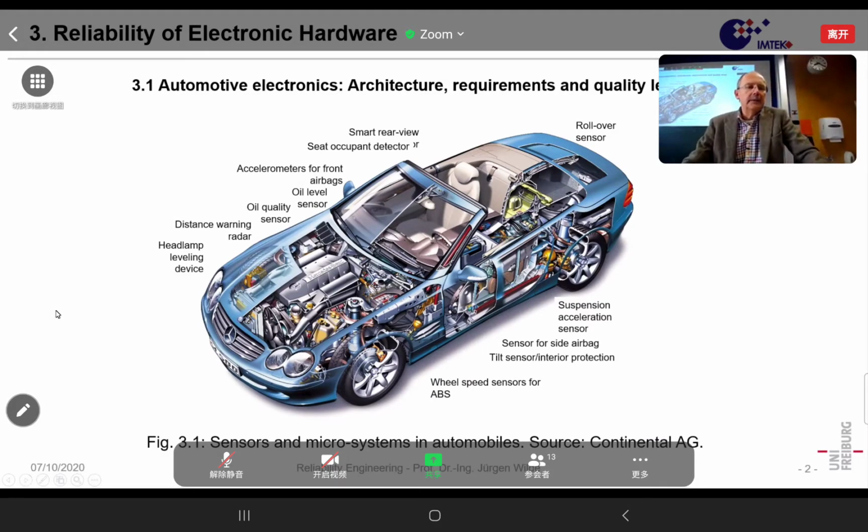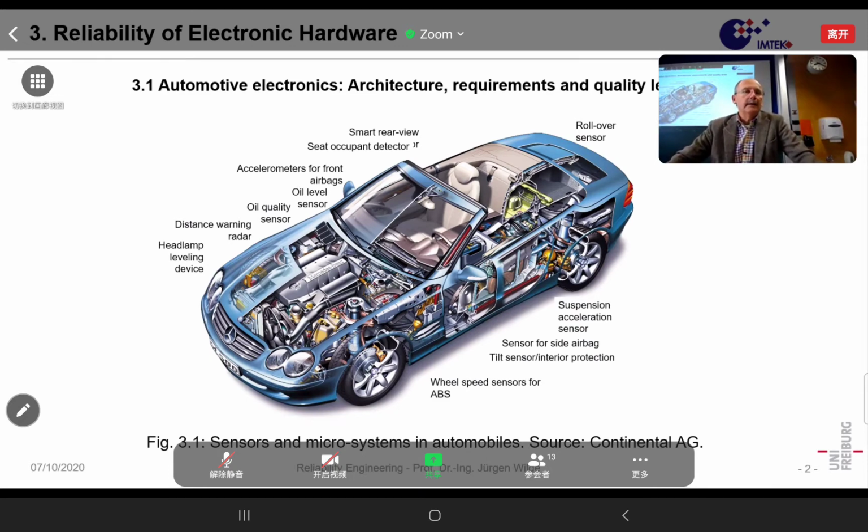So here are some examples: headlamp leveling device, distance warning radar. I must say I have a small smart car, and even that has a distance warning radar, which is also used to control speeding up, or better slowing down of the car.